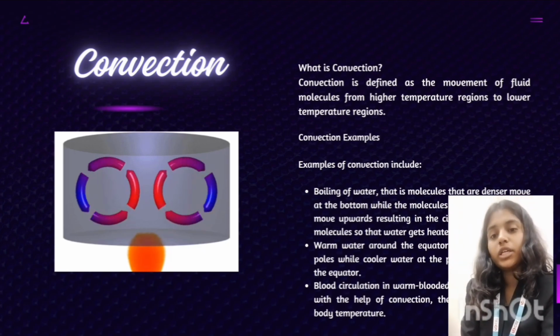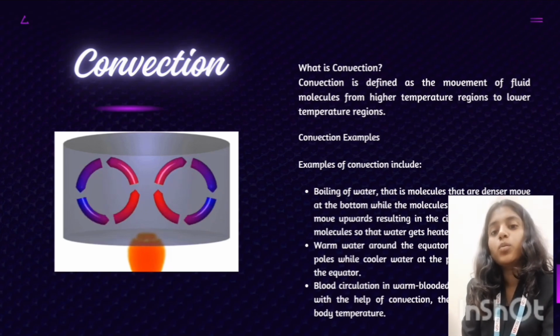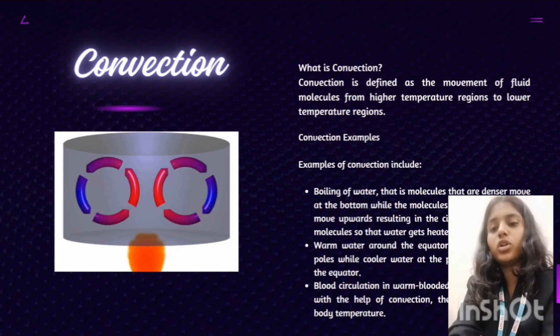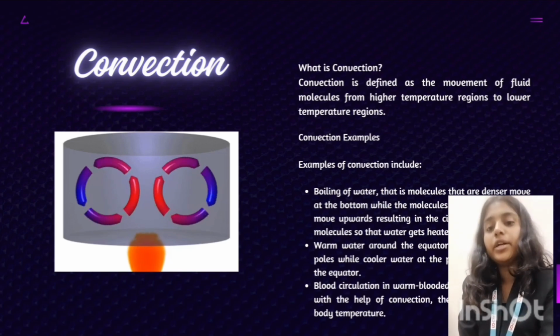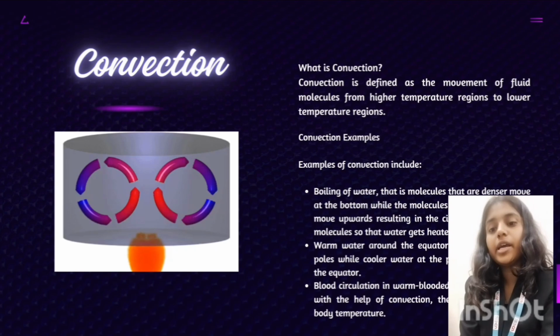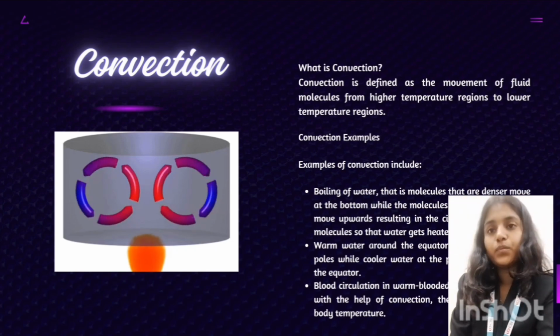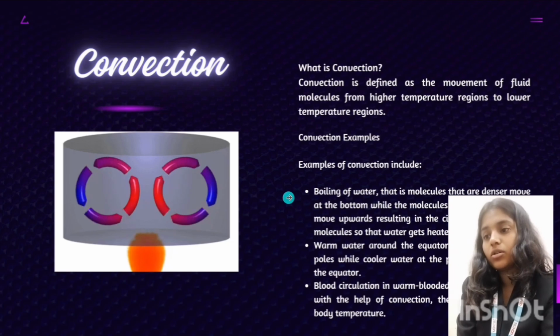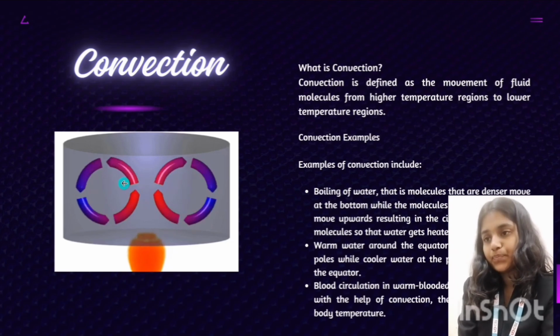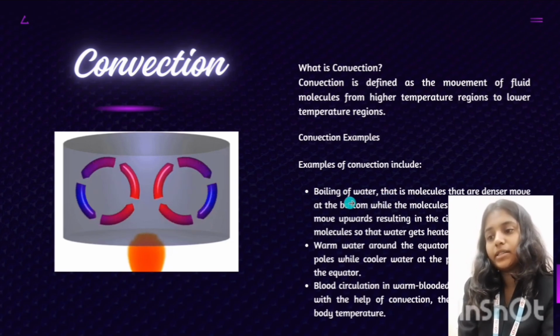Warm water around the equator moves towards the poles while cooler water at the poles moves toward the equator. Blood circulation in warm blooded animals takes place with the help of convection, thereby regulating the body temperature. Here also you can watch this animation for better understanding.